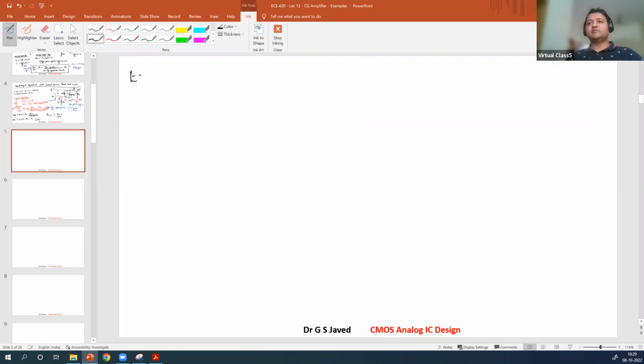Now let us do a quick example to understand what we have read till now, because learning by example is my favorite way of learning. So what is the example we can do? We will say, for a typical exam question, find out the small signal gain for this kind of a circuit.